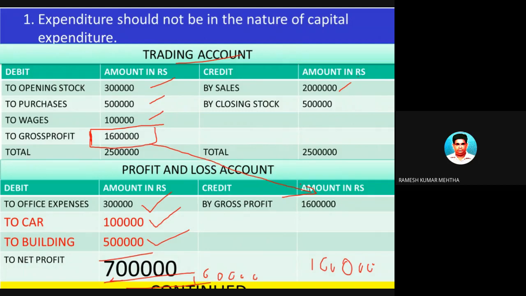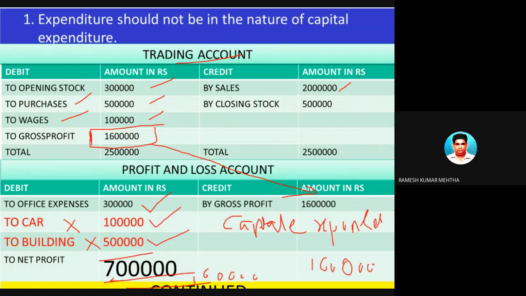No, this is not correct, because if you look carefully here, car and building are capital expenses in nature. Please remember, only revenue expenses like purchases, wages, salaries, stationery expenditure, factory overheads, depreciation, bad debts, printing and stationery, postage and telegram, commission paid to the sales executive are the kind of revenue expenditures which are allowed.